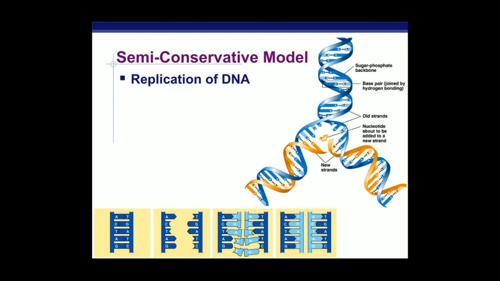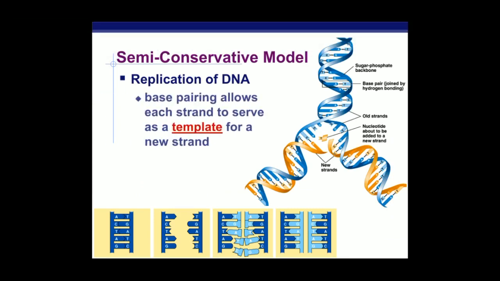Now let's see in detail about the semi-conservative model. In replication of DNA, base pairing allows each strand to serve as a template for a new strand. As you can clearly see here, this is one strand, the blue strand, and this is the other strand, which is being separated by an enzyme, helicase.